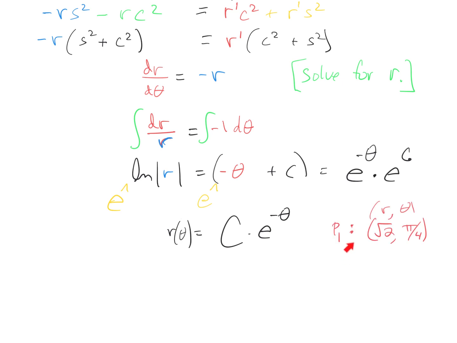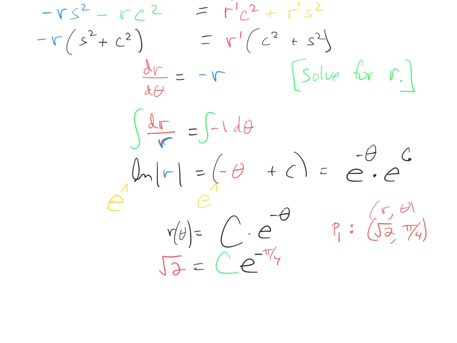Recall that dog's position in the very beginning was root 2 away from the pole with a rotation of 90 degrees or pi over 4 radians. So if we have a given initial condition and we know the r value and the theta value, then we can solve for constant c.